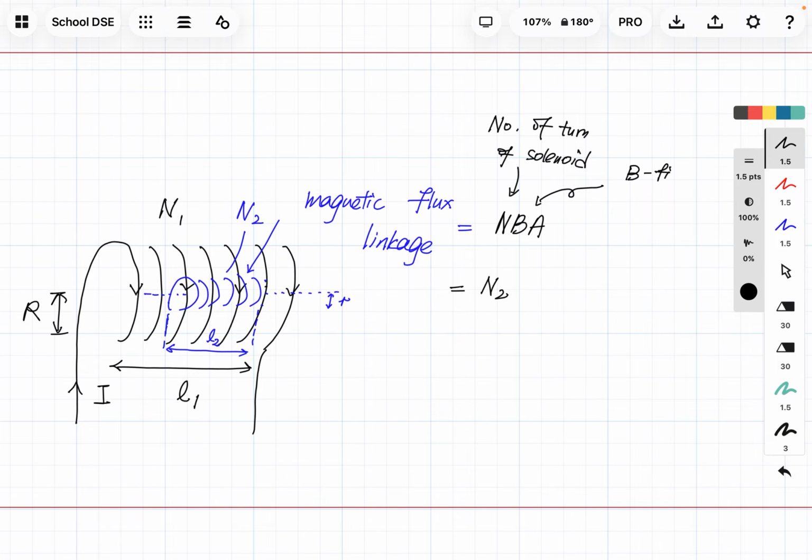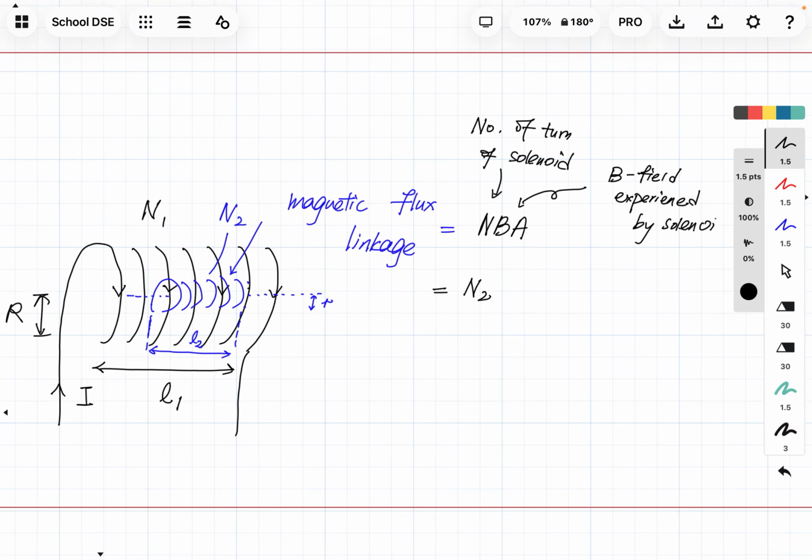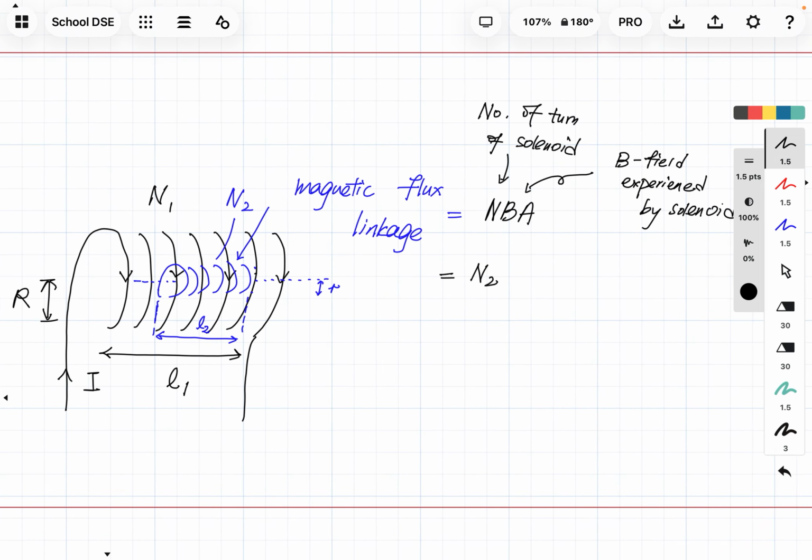It's just a ratio. But usually when you put more turns, you're actually also increasing length as well. So therefore, if you just apply a few more turns, it actually increases N but increases L as well. So it will not increase the B.